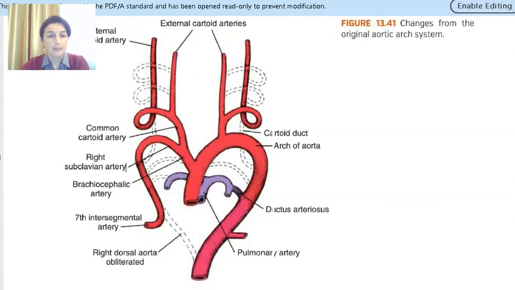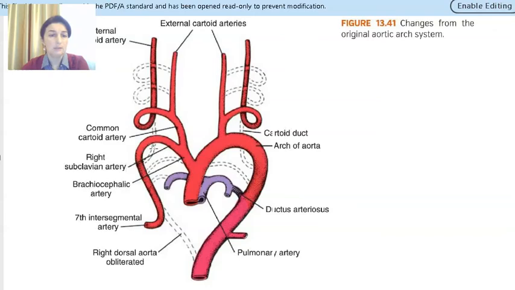Which changes will take place besides all of the mentioned changes? We have to know here that the part of the dorsal aorta that is located between the third aortic arch and the fourth aortic arch, called the carotid duct, will disappear.